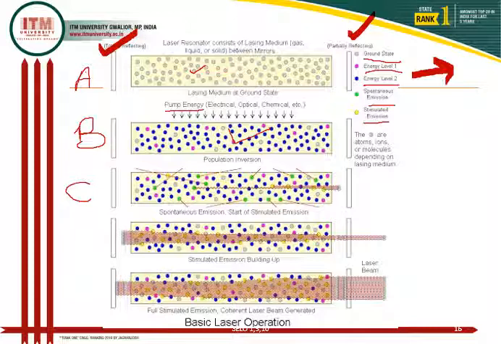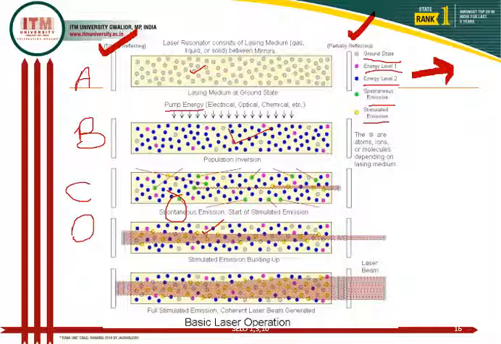You can observe the stimulated emission. Green shows the spontaneous emission, and then you observe some yellow here. This is stimulated emission. These stimulated emitted photons will move here and there, and finally only those will survive which are moving along the direction of the mirrors, in the axis of the mirrors.